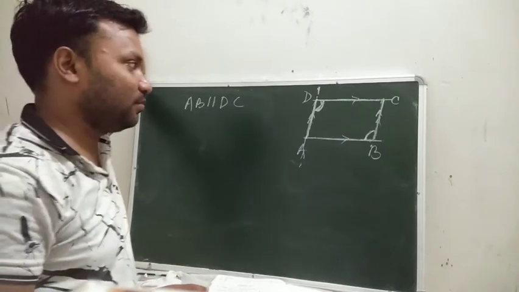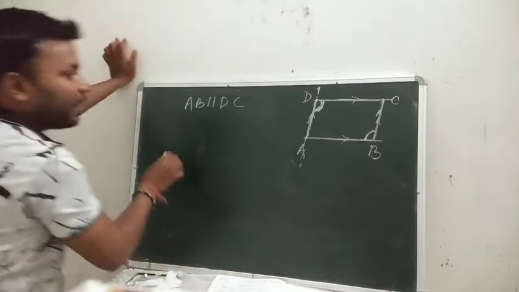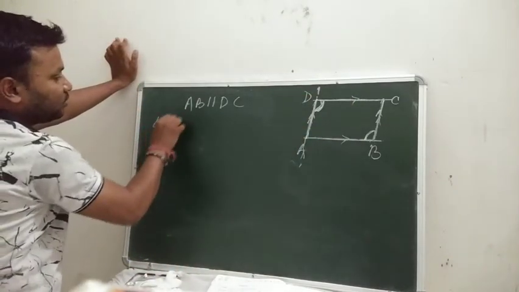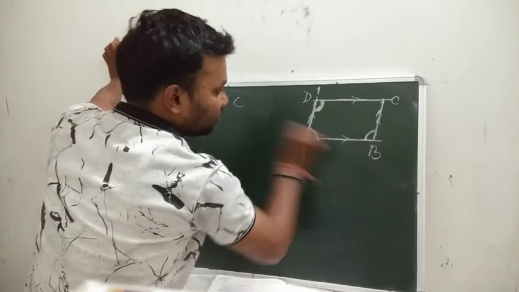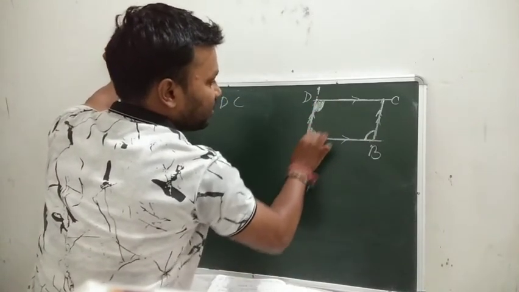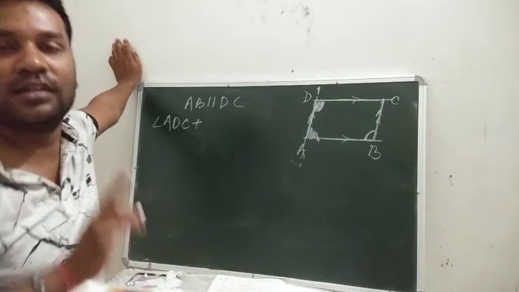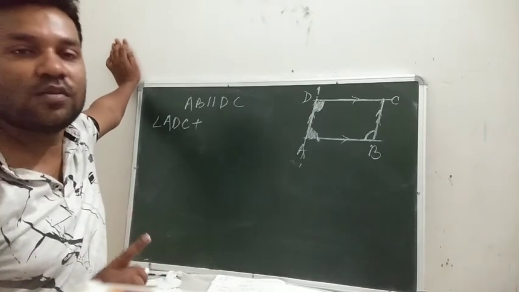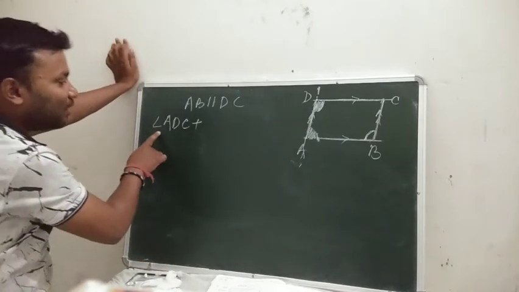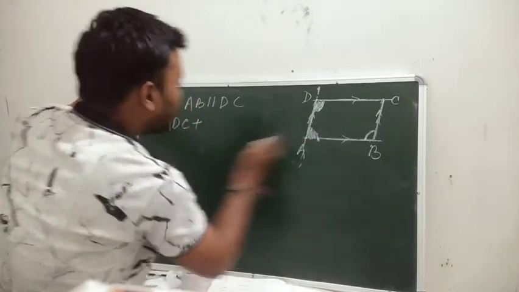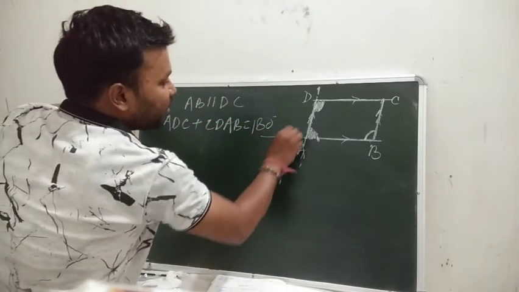If we consider AD as a transversal, then this angle ABC and this angle DAB, both will be a pair of consecutive interior angles, and we know that the sum of a pair of consecutive interior angles is equal to 180 degrees. So we can write here angle ABC plus angle DAB is equal to 180 degrees, and that will be our equation number 1.